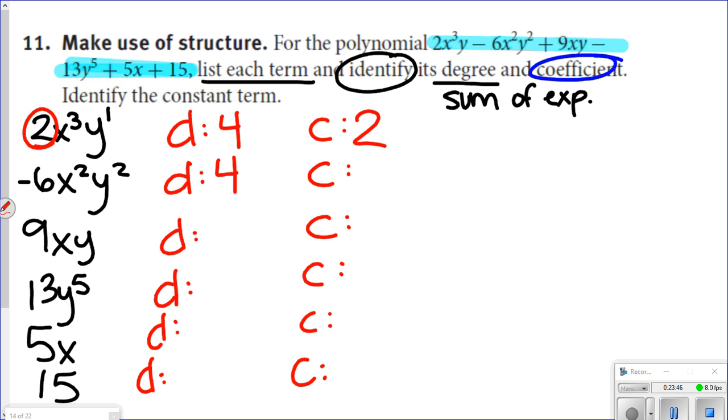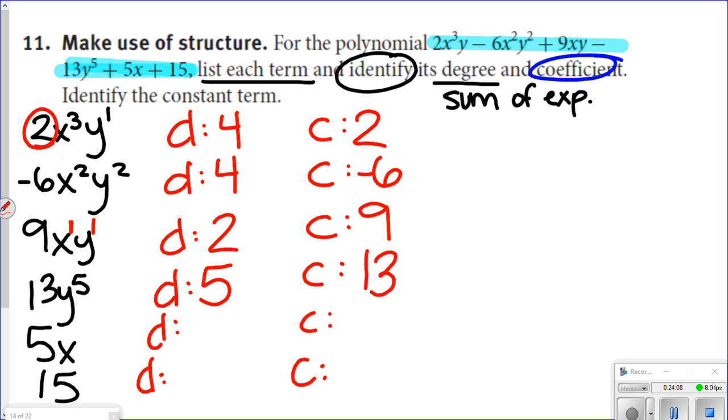Coefficient out in front, -6. Degree, our exponents, 1 plus 1, we get 2. Coefficient out in front, 9. Degree here is 5. Number in front, 13.